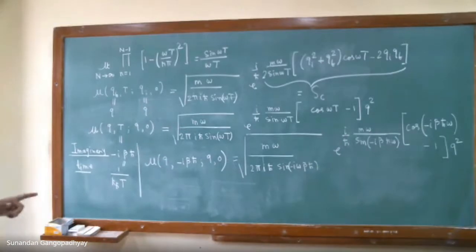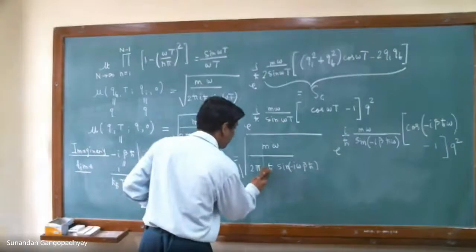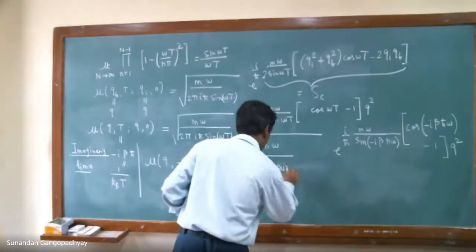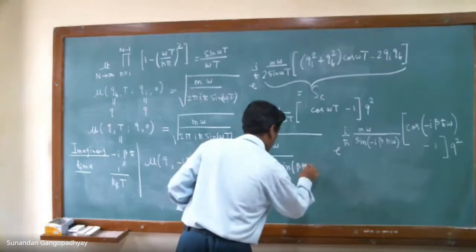Then what this will boil down to is that the I will not be there anymore, and this will become sine of beta h bar omega.